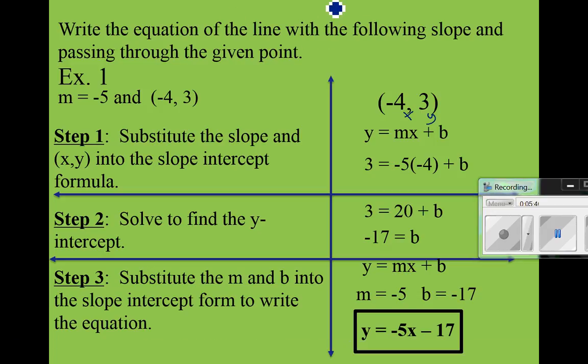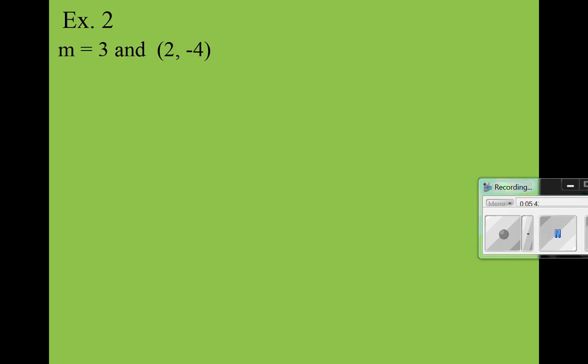Here's the next example. Example 2, m equals 3, and the point it's going to go through is 2, negative 4. Go ahead and find the answer, write the equation, and raise your hand when you are ready.